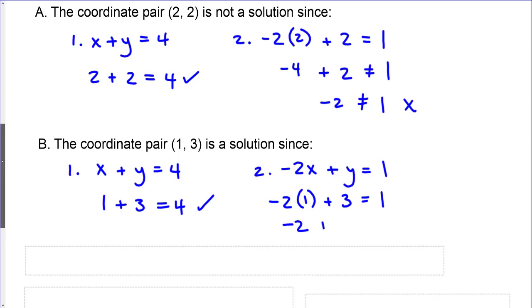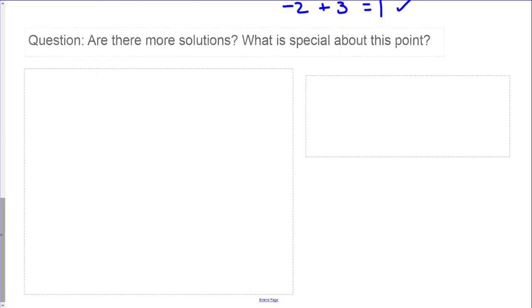So this is negative 2 plus 3, which does in fact equal 1. So (1, 3) is a solution to the system. And this raises a question. Are there more solutions? What's special about this point?